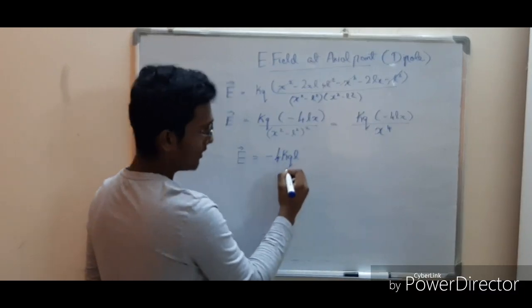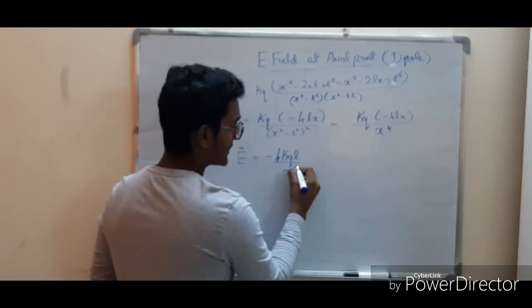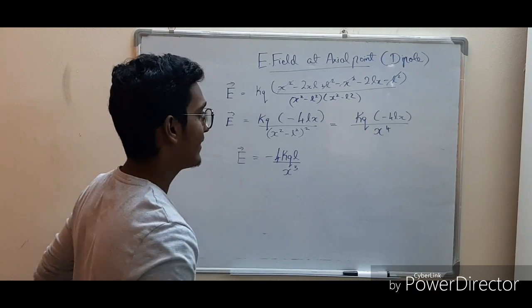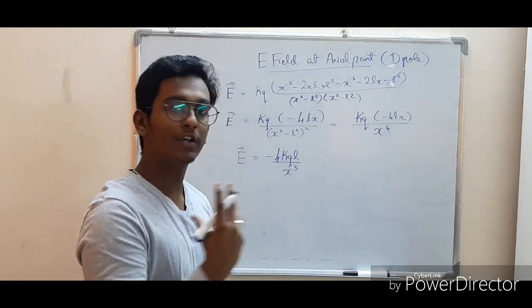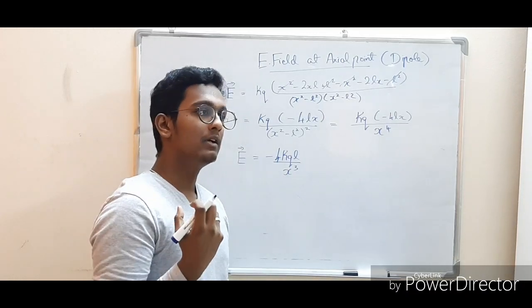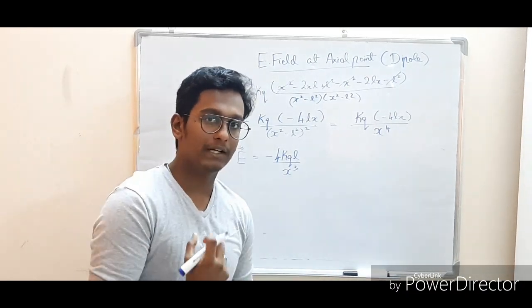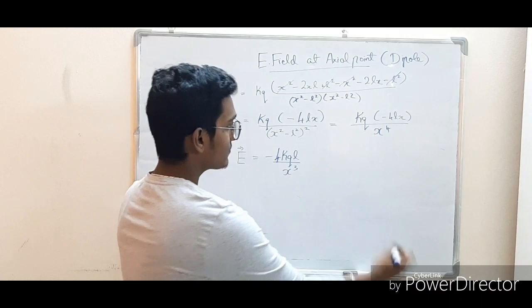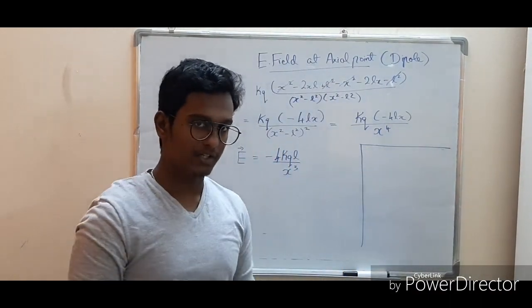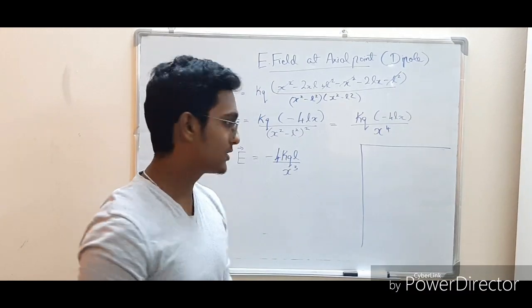4kqL divided by x cube. We can do one more simplification, and that is by introducing a quantity known as dipole moment. Dipole moment helps in understanding how strong an electric dipole is. You have learned this in grade 11 chemistry for ionic charges.